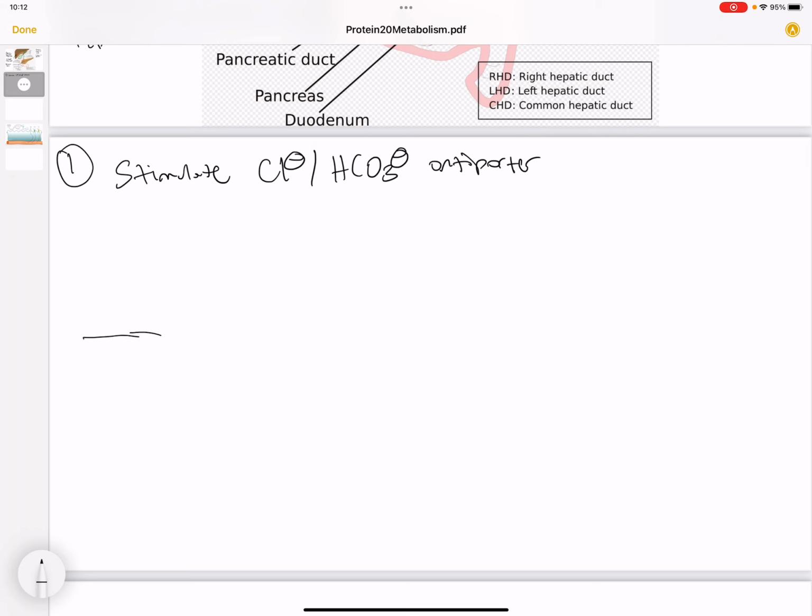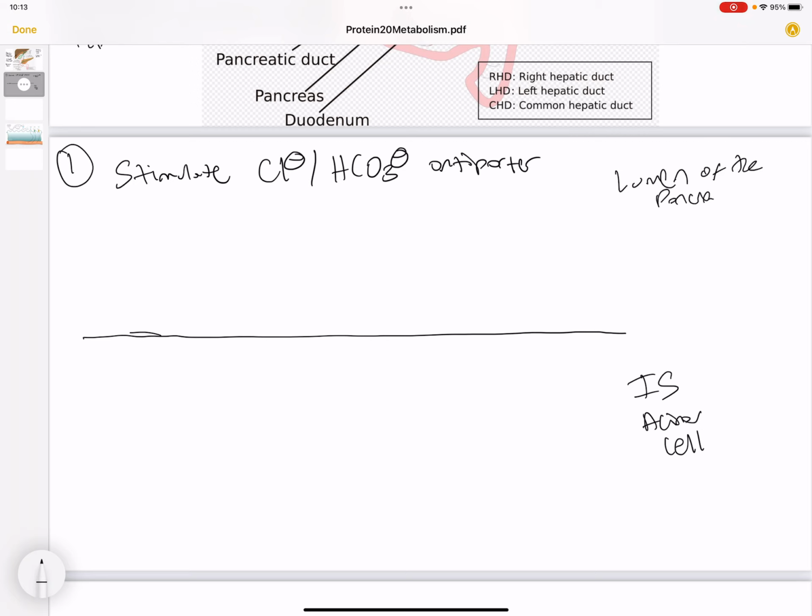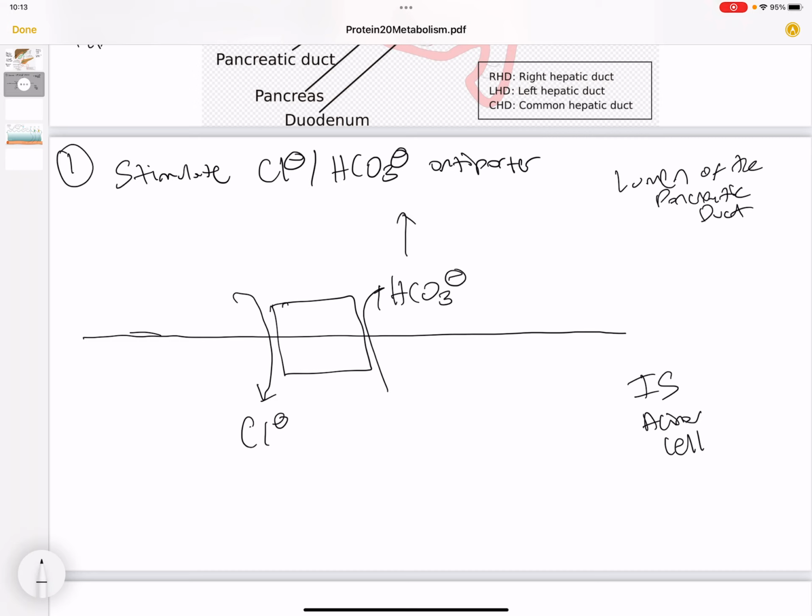Here is the cell membrane, and here's the intracellular space of the acinar cell, and this is going to be the lumen of the pancreatic duct. Here is an antiporter, and it is going to exchange chloride for bicarbonate. Right, and the purpose of this is to increase the pH of our pancreatic juices.